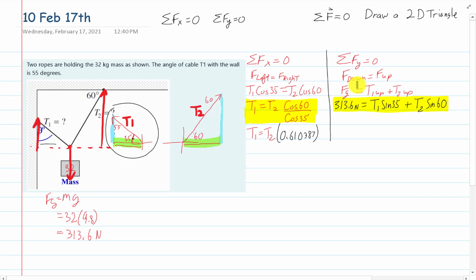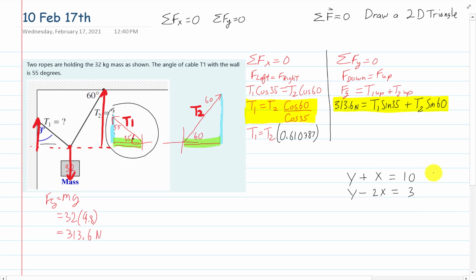So this is just two equations with two unknowns. So in math 8, it would have been like y plus x equals 10, and y minus 2x equals 3.